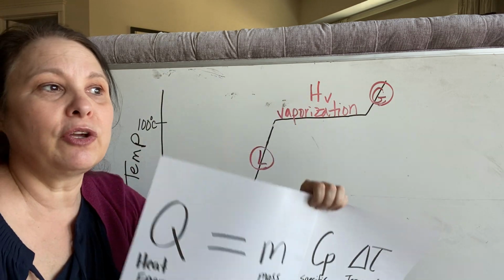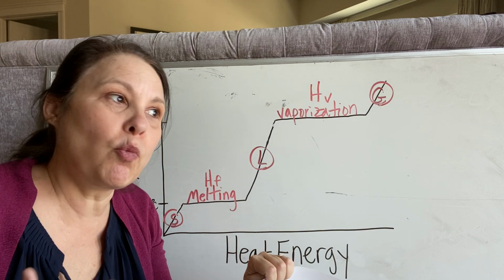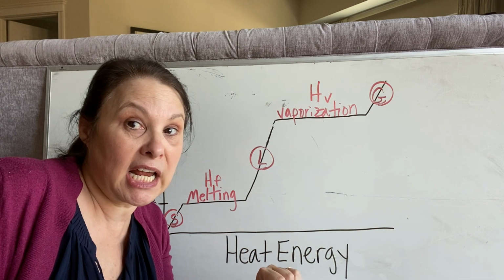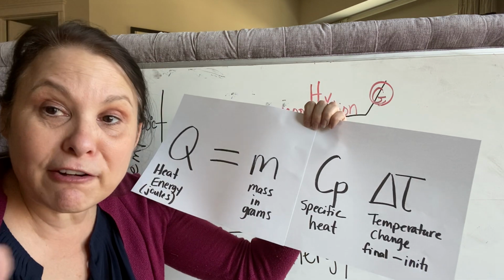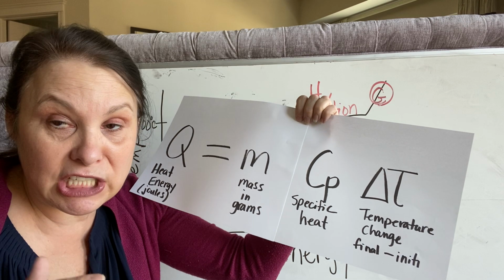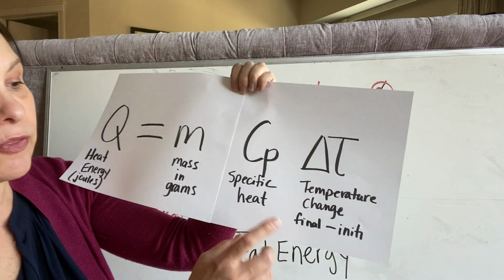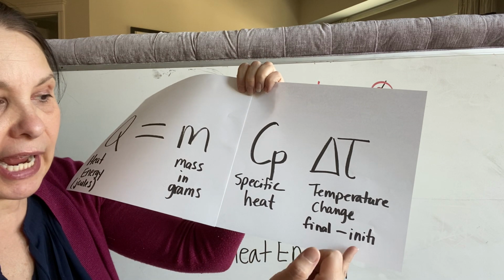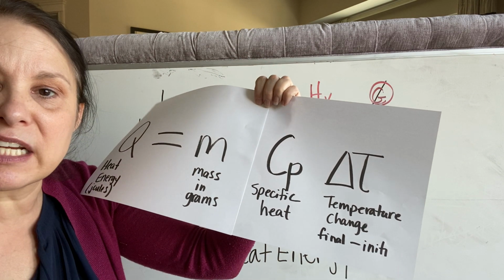So if I tell you that I went from 10 to 30 degrees, that I warmed up some water, it started at 10 and it ended at 30, then the change would be the difference between those two numbers. Now, the way we should always figure it out, and I forgot to finish writing that word, is final minus initial.